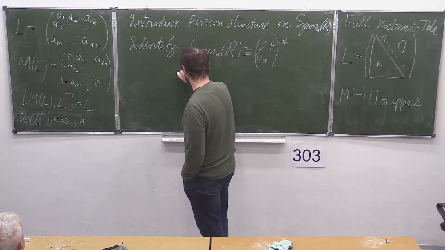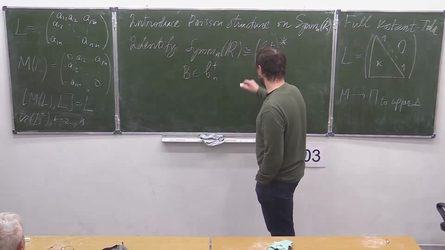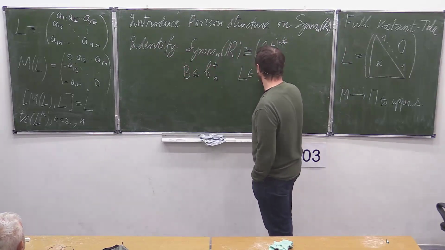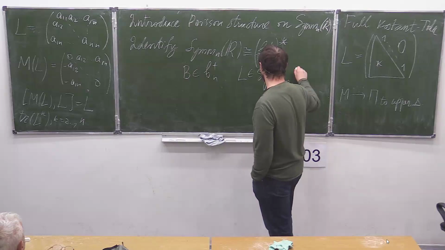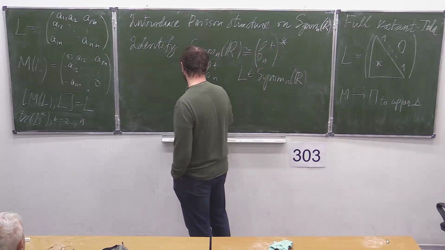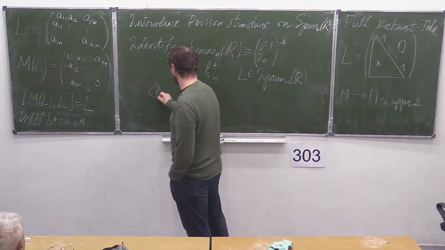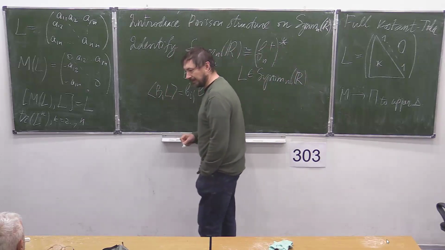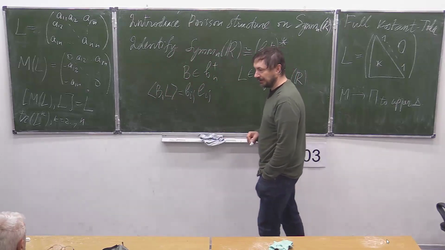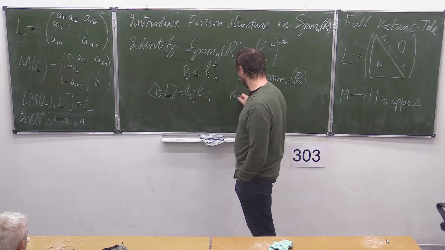When you have an element B in b plus, you just take a symmetric matrix L, and then the pairing between these two is given just by taking the sum of B_ij times L_ij, and that's all. This is the pairing. Well, some coefficients might be necessary, something like that. So this actually is nothing else but the Killing form.